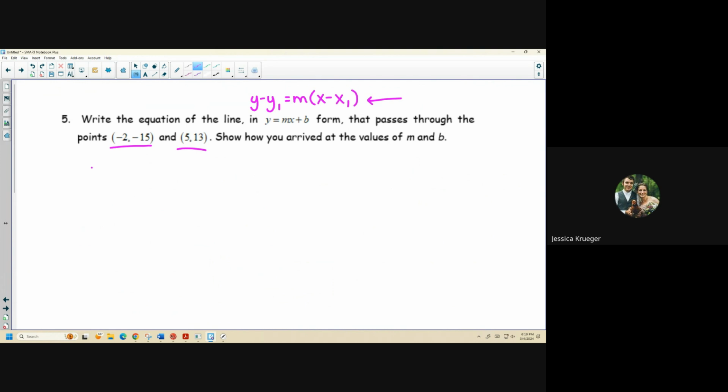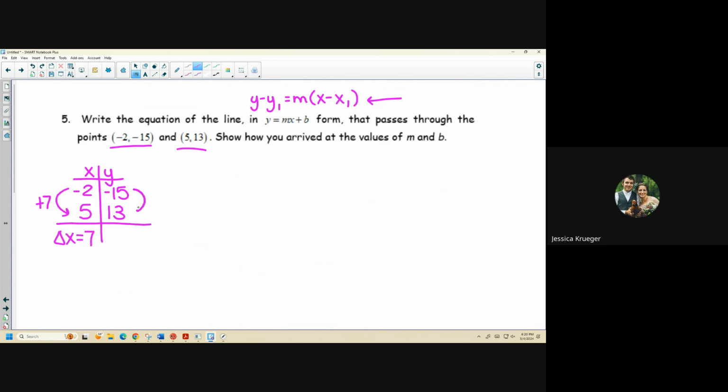So the first thing I'm going to do is organize my points in a table and get my slope. So my first point is -2, -15. My next point is 5, 13. To go from -2 to 5, I have to add 7. So my change in x is 7.